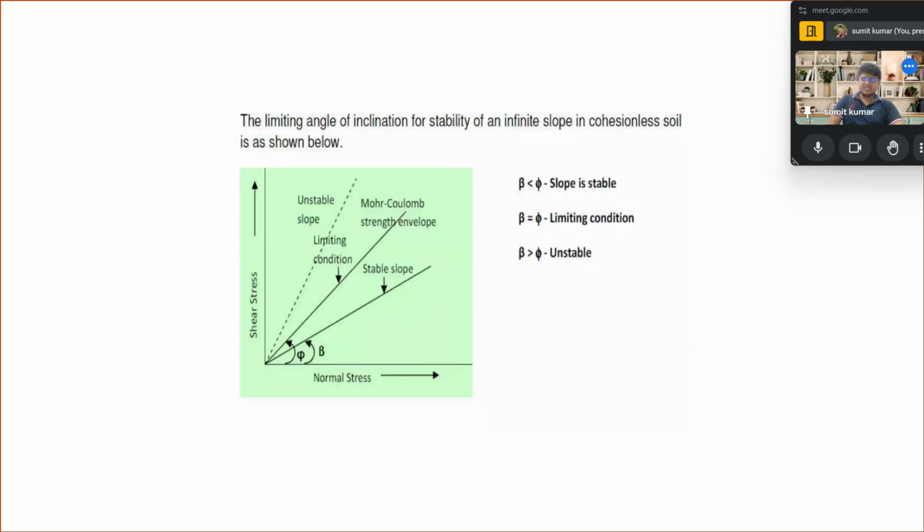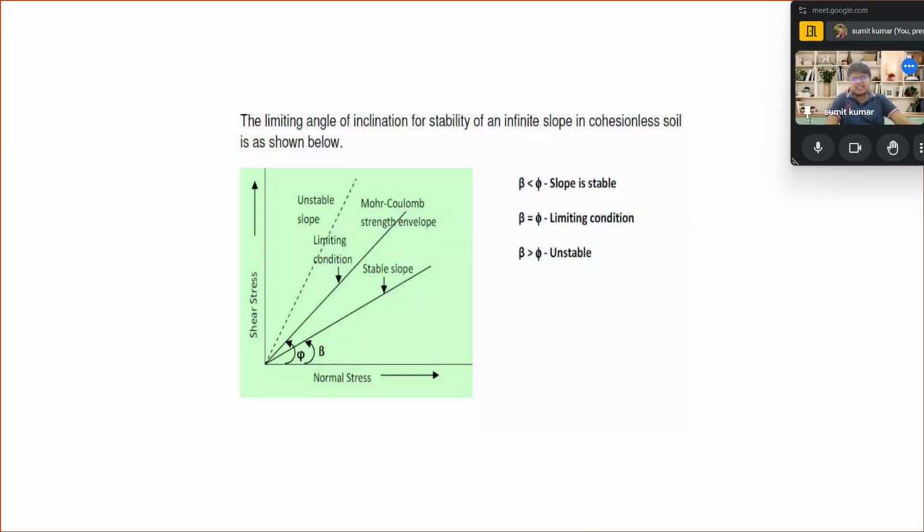Right. Now we see some more cases. First is the limiting angle of inclination for the stability of an infinite slope in a cohesionless soil, shown over here. You can see if beta is less than phi, the slope is stable.